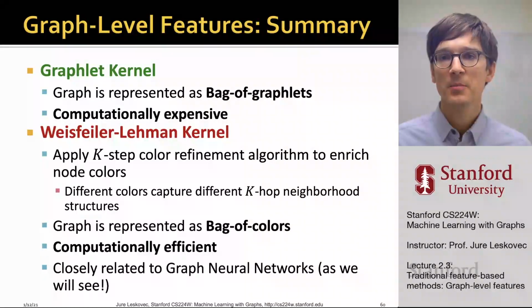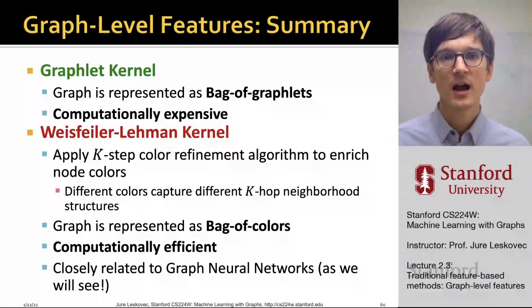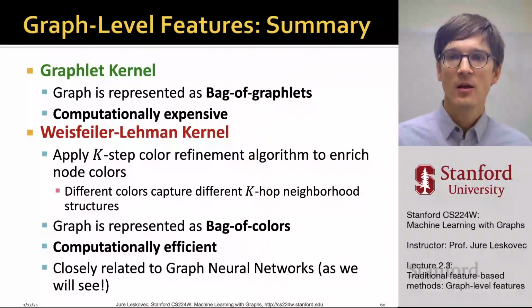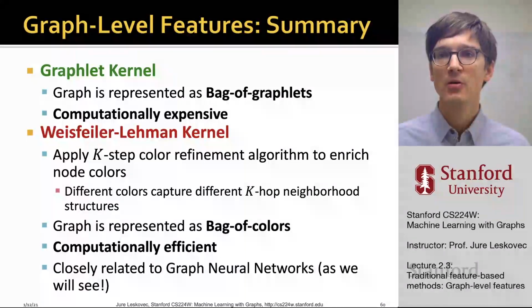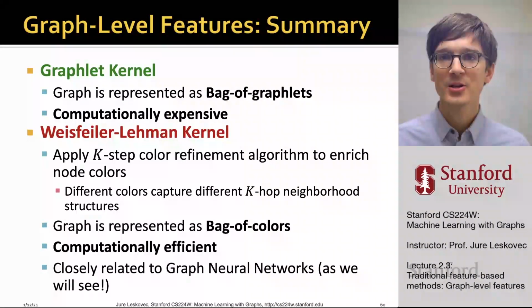So here we represent the graph as a bag of colors. This is computationally efficient. The time is linear in the size of the graph. And it is also closely related to graph neural networks that we are going to study later in this course. So Weisfeiler-Lehman is a really good way to measure similarity between graphs, and in many cases it is very hard to beat.